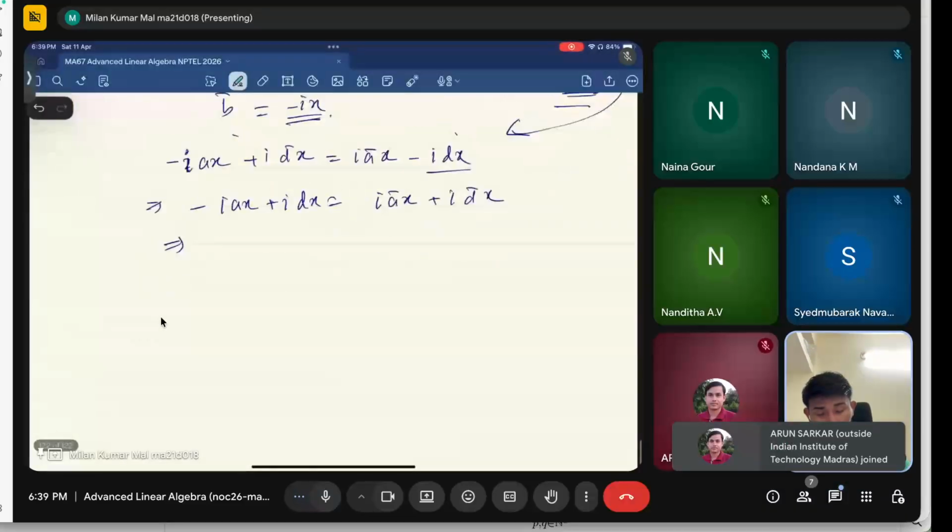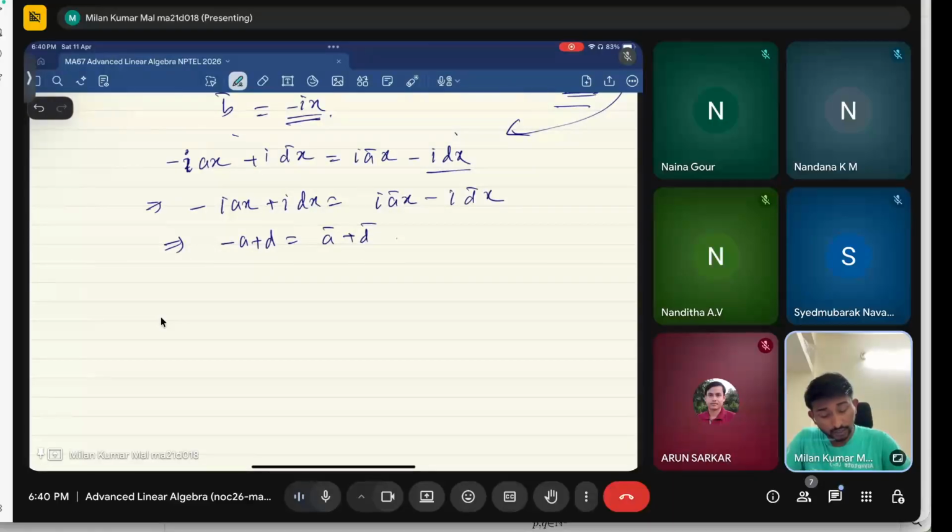So minus a plus d is equal to a bar plus d bar. I think I have written one wrong sign here, so it is also minus. So we get a minus d is equal to d bar minus a bar, that is equal to the minus of a minus d bar.